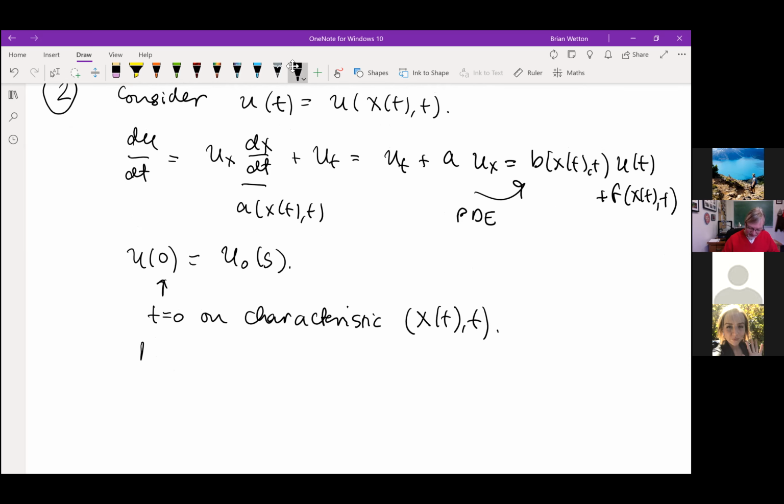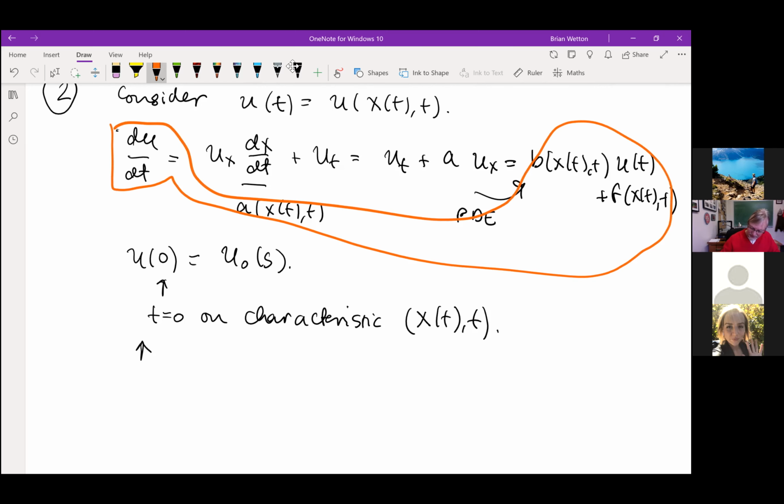And so that's an ODE that's solvable for u of s and t.